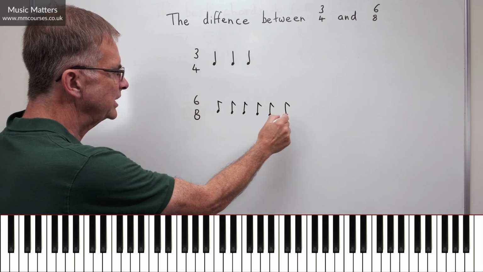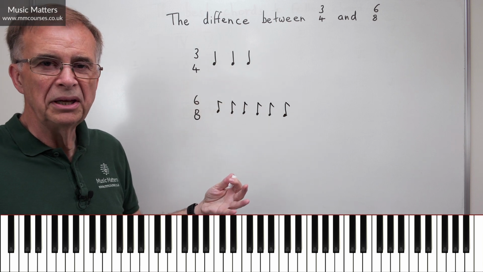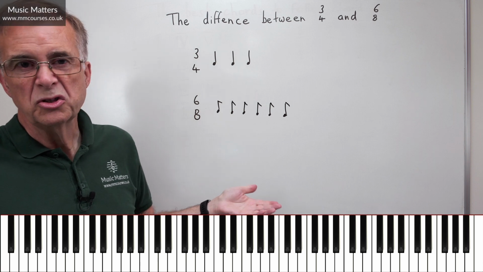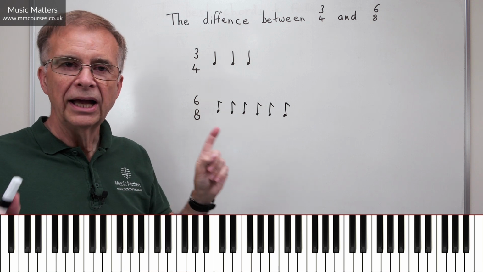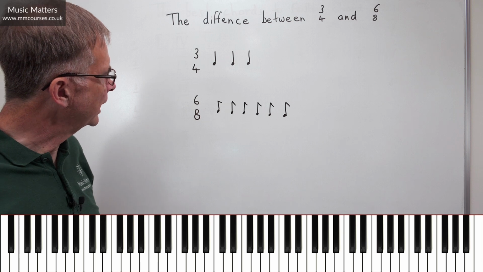Well, add up 6 halves, you get 3 wholes. So what's the difference? It must be the same thing, mustn't it? So if I'm a composer, it doesn't really matter if I write in 3/4 or in 6/8. But actually, it does. This is what we want to dig into now.